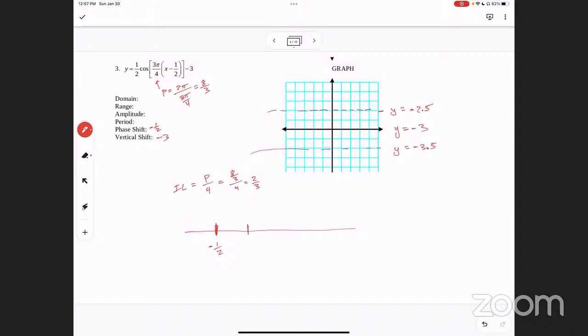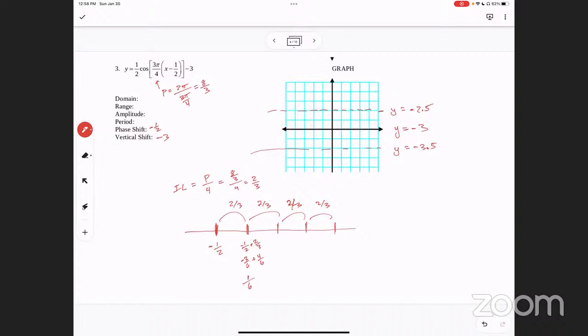So I'm going to do -1/2 plus 2/3. Let's get common denominators. So this is -3/6 and this is 4/6. So this is 1/6.